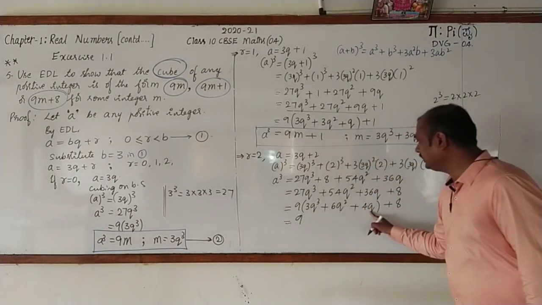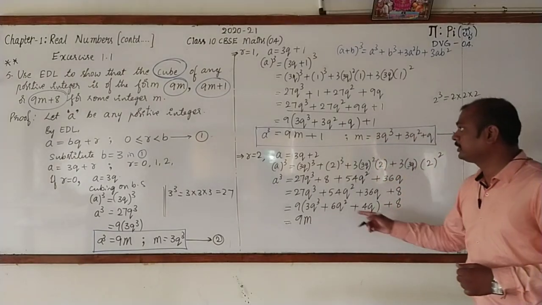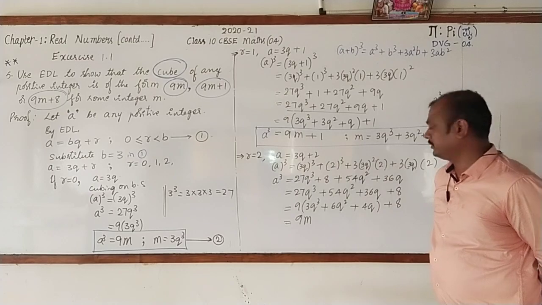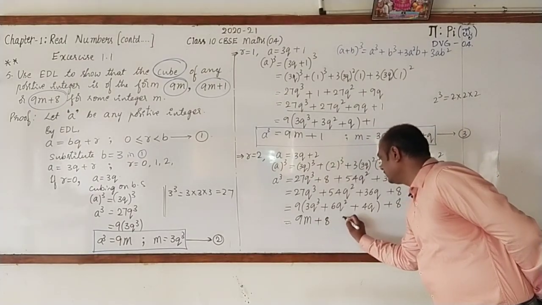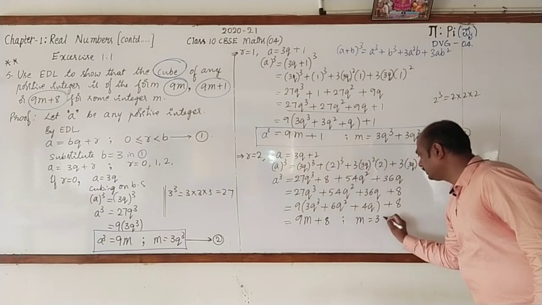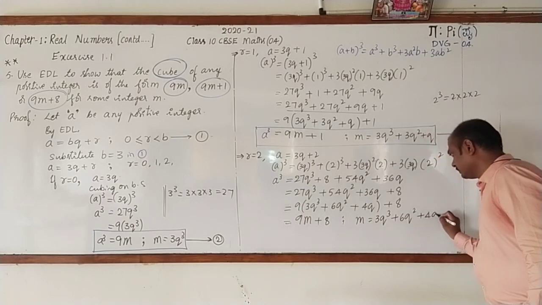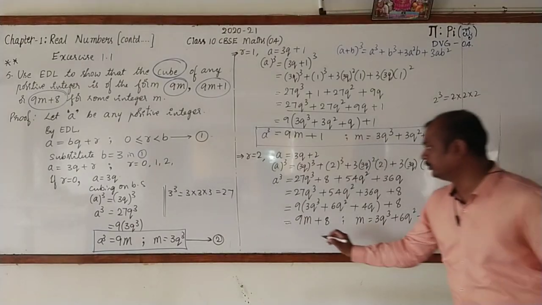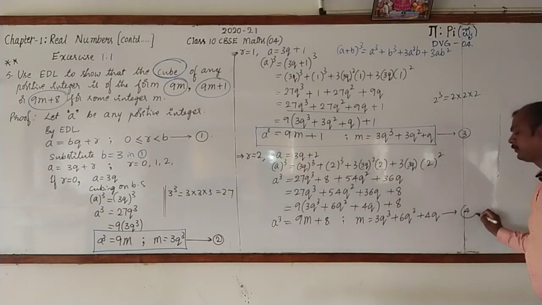So can I write m in place of these 3 terms? Yes, because it should be expressed in that form. Plus what is remaining? It is 8. Now we can write where m equal to 3q raised to the power 3 plus 6q square plus 4q. Now I call this statement 4.